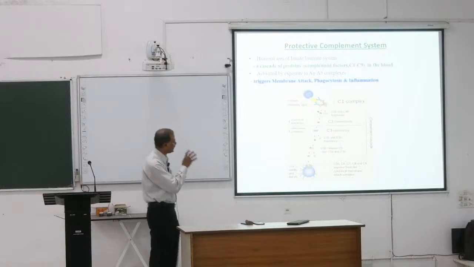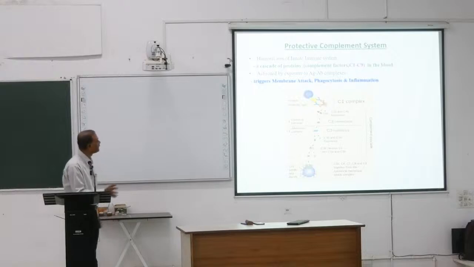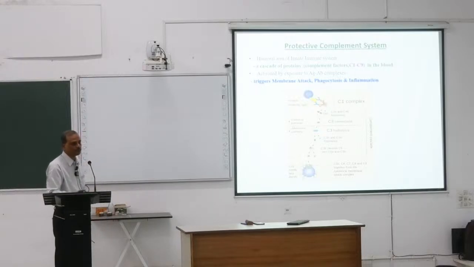I have shown this single slide just because immunity has been covered. There is a protective part, the complement system, which also comes under the purview of plasma proteins, and this is another part of humoral immunity, just like immunoglobulin.